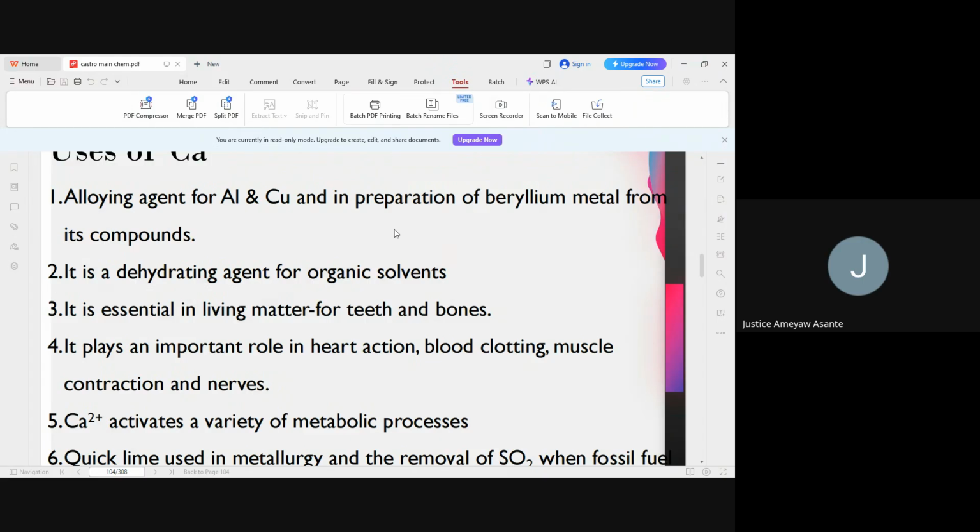The deliquescent substances remove water from the environment, but they will remove it and dissolve in it. The hygroscopic ones will remove water and will not dissolve in it. So if you want to use one as a drying agent, which one will you use?